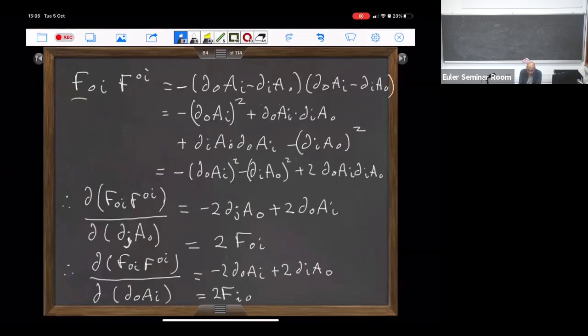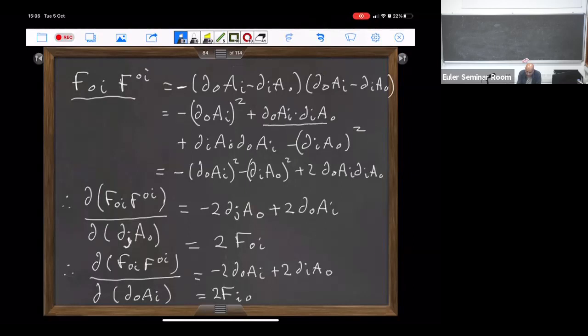The first type of term: F0i is D0 Ai minus Di A0, but F0i upper has a minus sign, so that's why we have this minus sign here. If I just literally expand out the 4 terms, we get one term which is minus (D0 Ai) squared, coming from this times this.